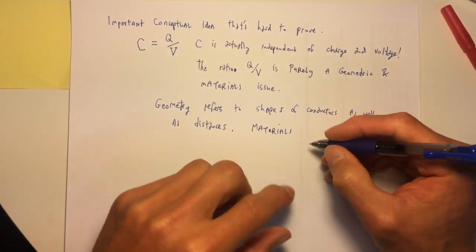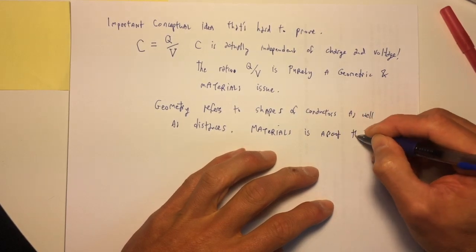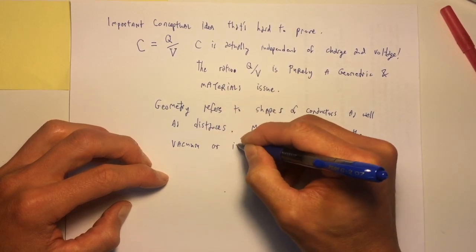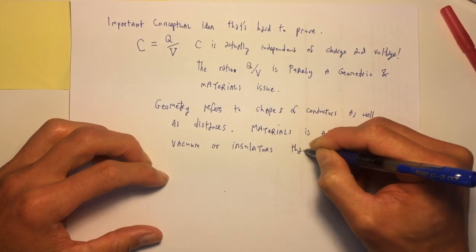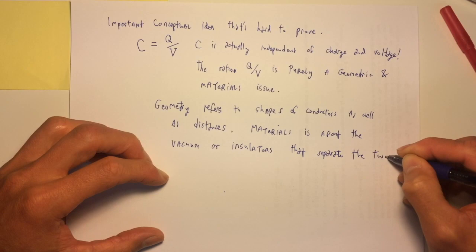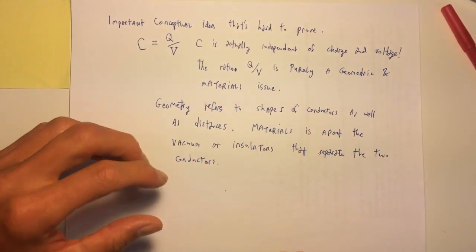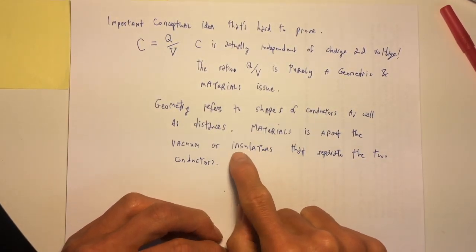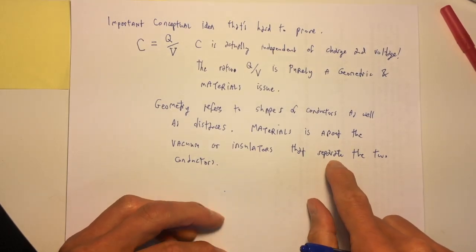The materials issue is about the vacuum or insulators that separate the two conductors. The conductors aren't really the materials issue. The materials issue is really the choice of insulation that isolates the two conductors from each other and from the environment.